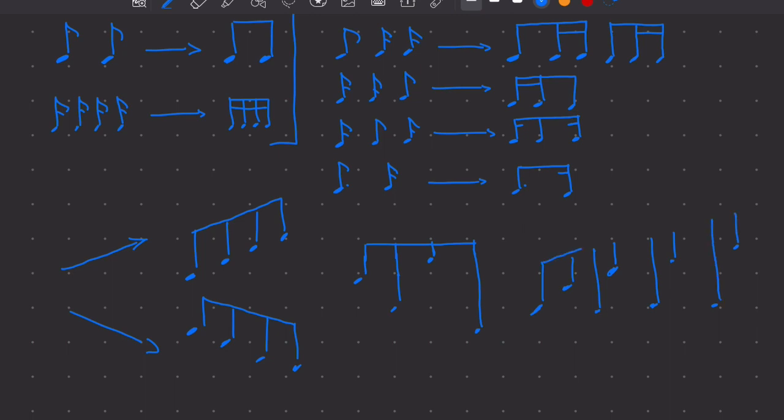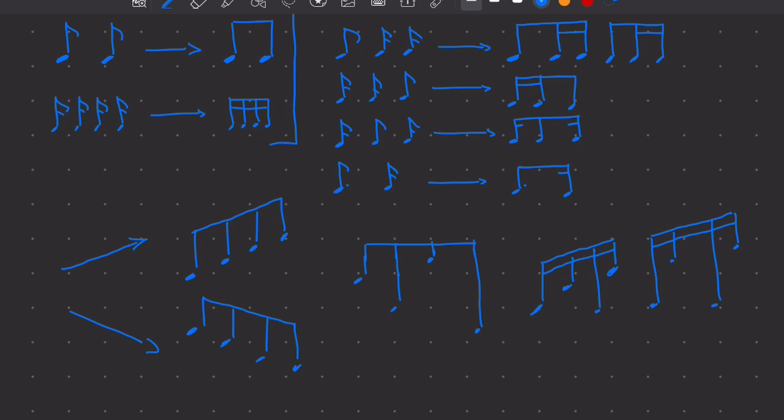So this one would be, let's say, 16th notes. I would show this as going in an upward direction. So it depends on the context of the music. And the same thing, if our stems are going down, it's the same direction. We mirror how the music is moving.